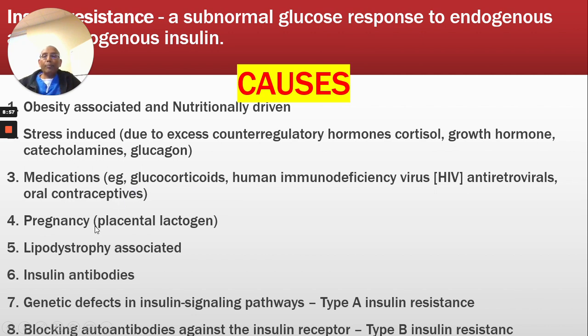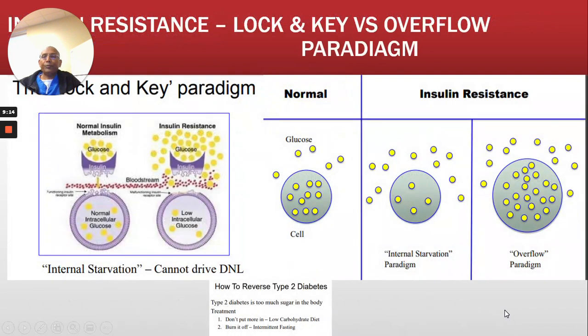Glucocorticoid steroids, antiretroviral HIV medications, and oral contraceptives can cause insulin resistance. Pregnancy and puberty are the physiological causes of insulin resistance, and these are associated with lipodystrophy. People can have insulin antibodies, and there could be genetic defects that cause type A insulin resistance, and autoantibodies can cause type B insulin resistance.